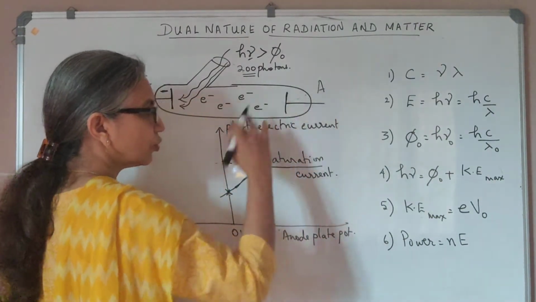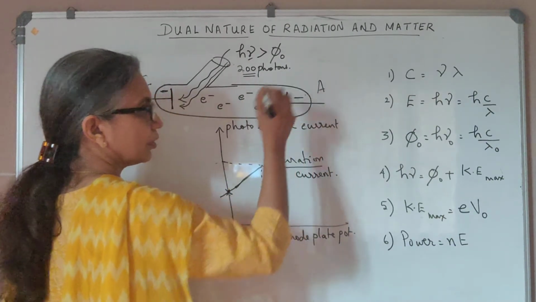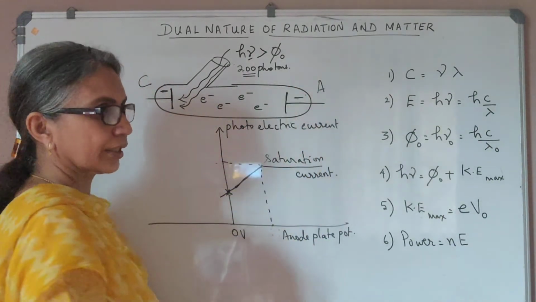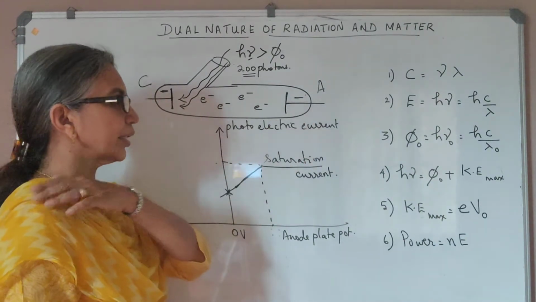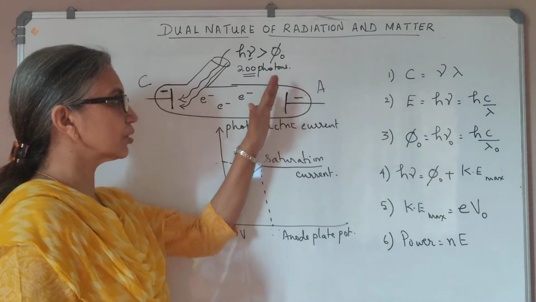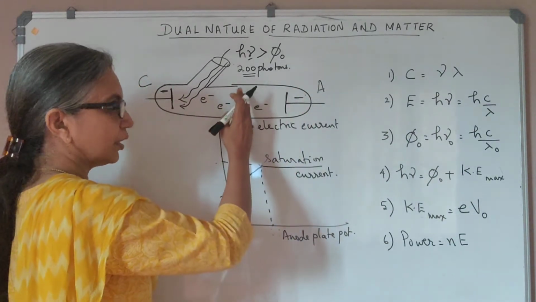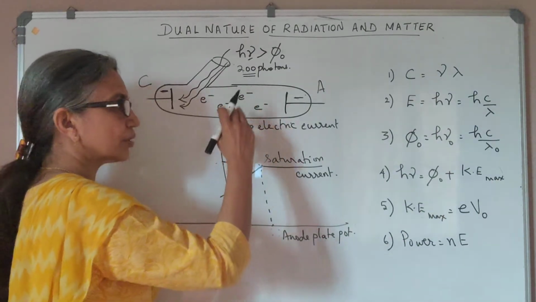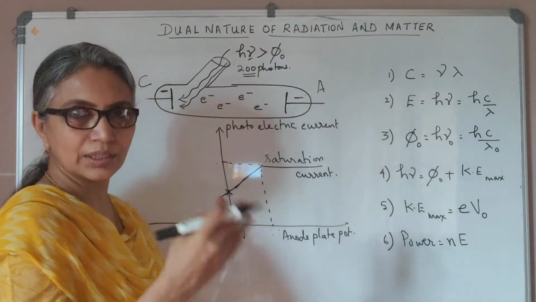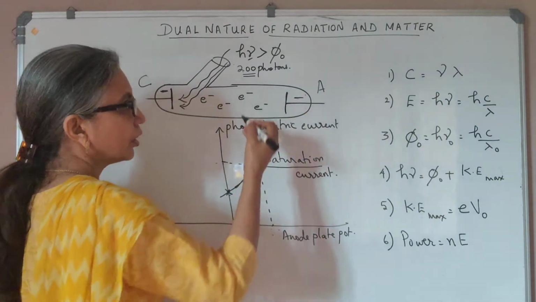Now from here, using the commutator, suppose I start giving a negative potential to A. As I start giving a negative potential to A, naturally this anode is now starting to repel the electrons. I told you some of these electrons will have very less kinetic energy and they will be repelled initially.